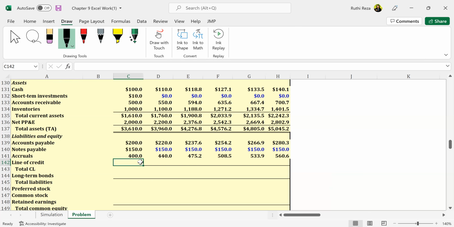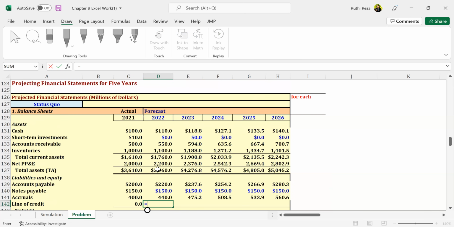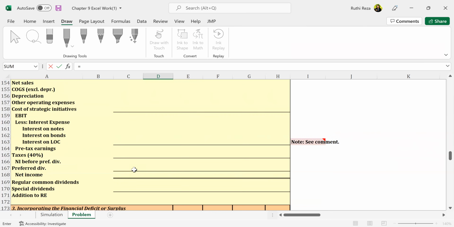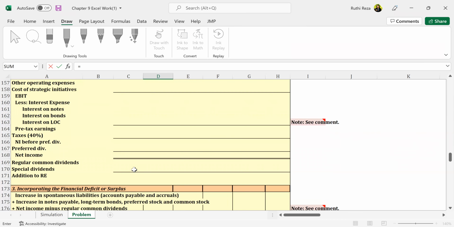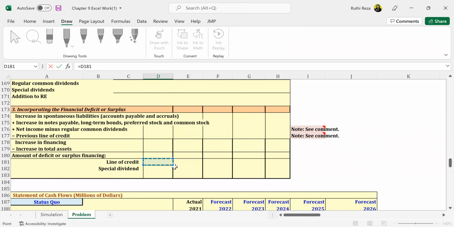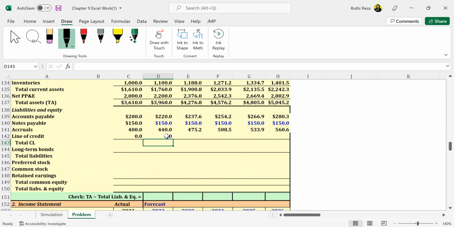Okay, so right now our line of credit is 0, but for the forecasted years, that means for the year starting from 2022, we are going to have some line of credits depending on our additional financing need. And we're going to get it from here. Then calculate your total current liabilities.